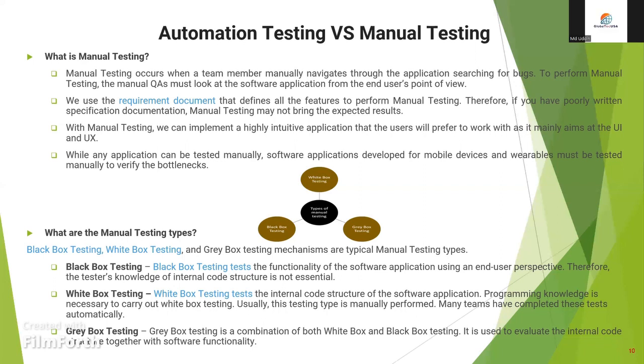Once it's fixed, they retest it, and then again they do it. You can keep going on telling these things, but you cannot just say it in a random way. It's very important that you use some technical words.